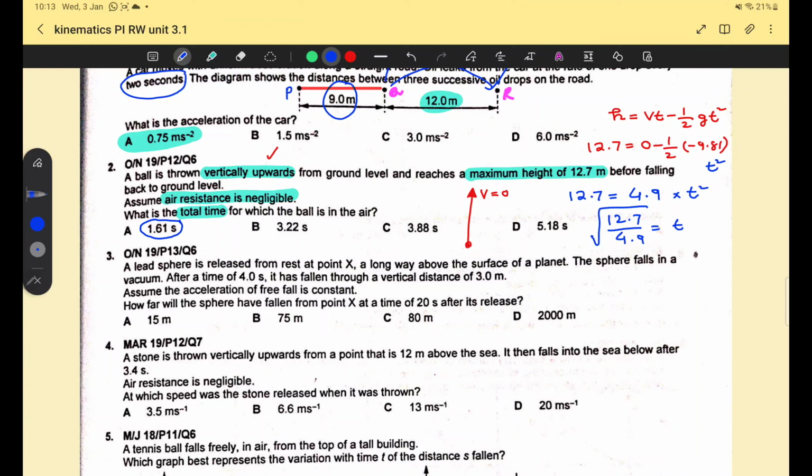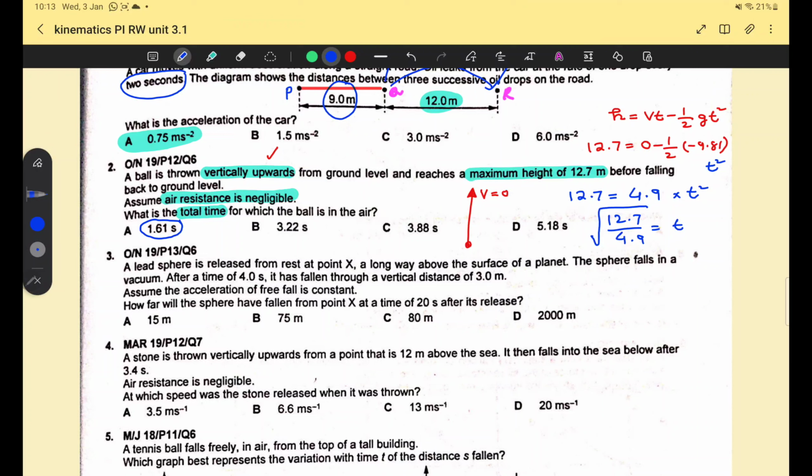Height 12.7 divided by 4.9, then taking its square root, you will get the time. Time is 1.61. But this time is only for upward motion, because we are dealing only with upward motion right now.